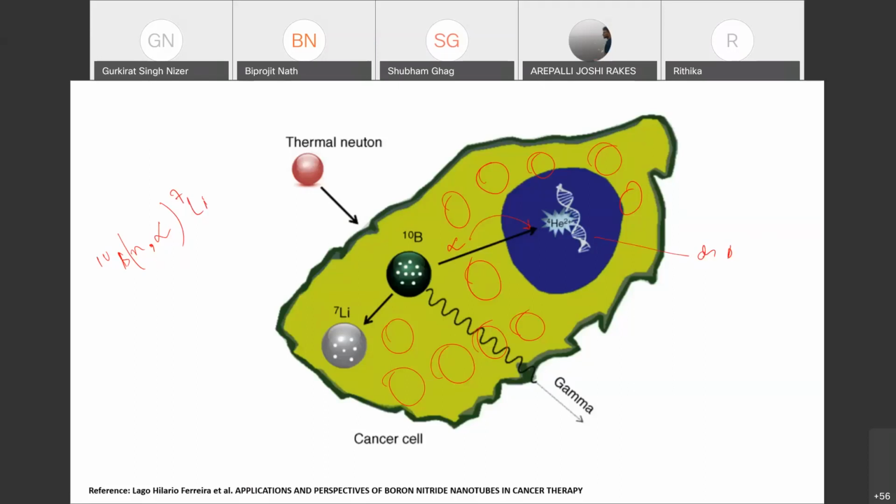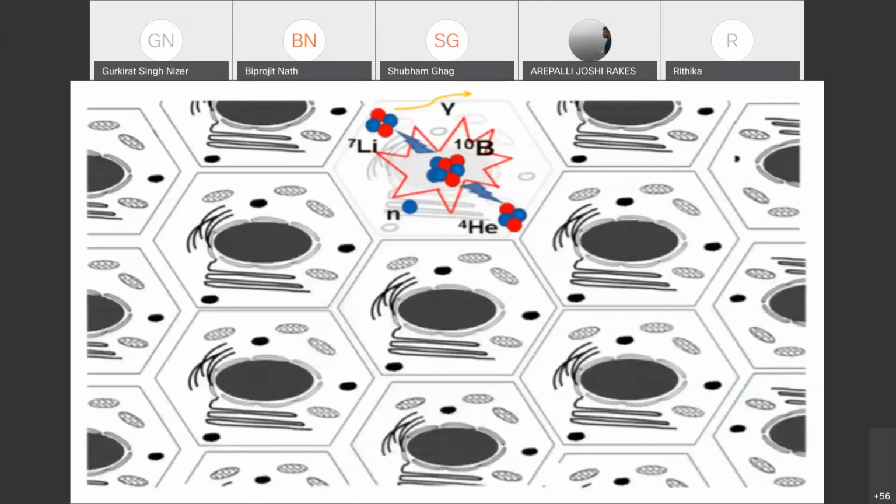And now that's the main part, how specific this therapy is, because boron 10, as I've told before, is taken in excessive amounts by the neoplastic cell, and normal cells do not take boron 10 or take only basal uptake of boron 10.